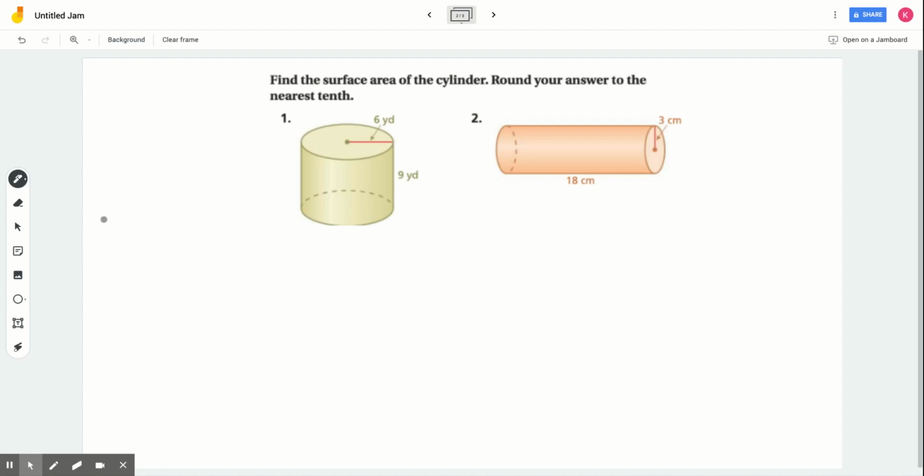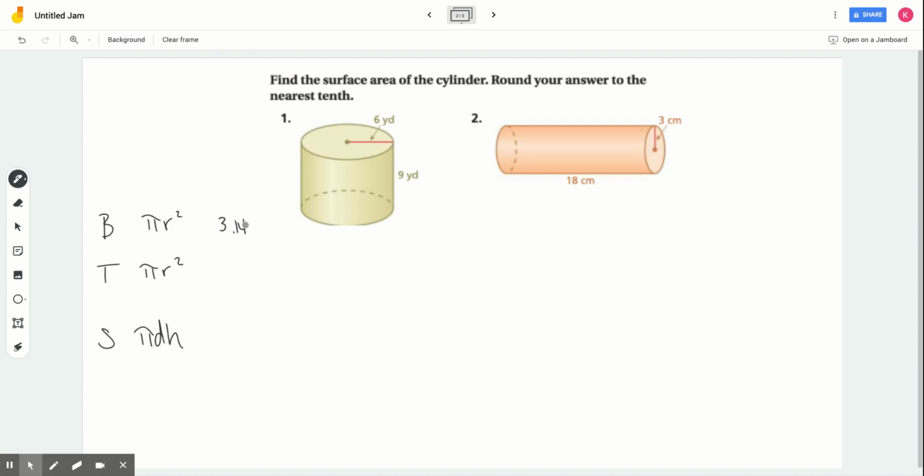So we have a base, a top, and a side. Remember pi r squared for the two circular pieces and pi times diameter times height for the side, or that lateral face of that rectangle. The radius of this circle is 6.